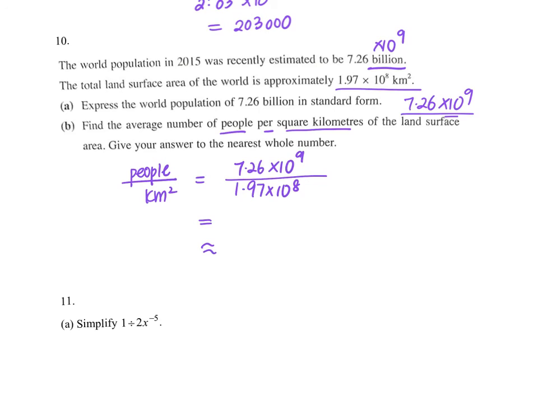And they say give the number as the nearest whole number. Okay, you calculate. 36.85 something, 853. Round off to the nearest whole number: 37.